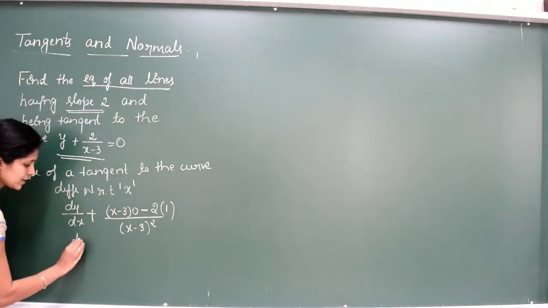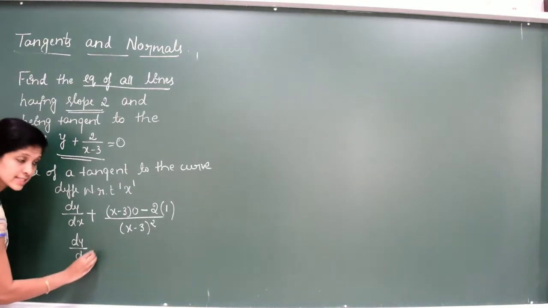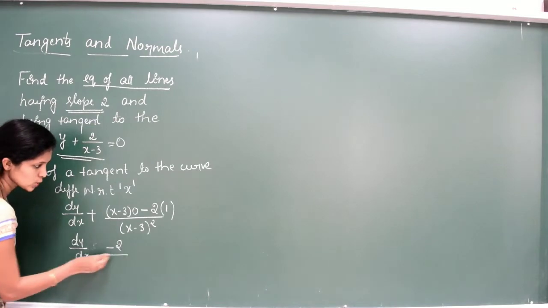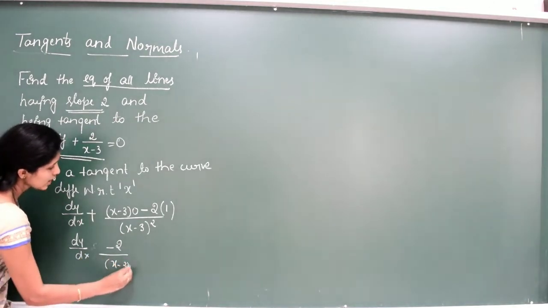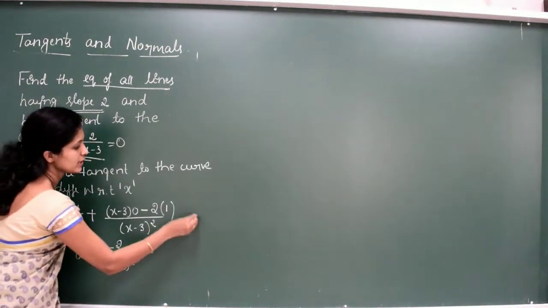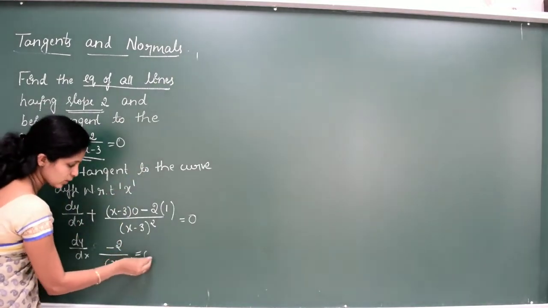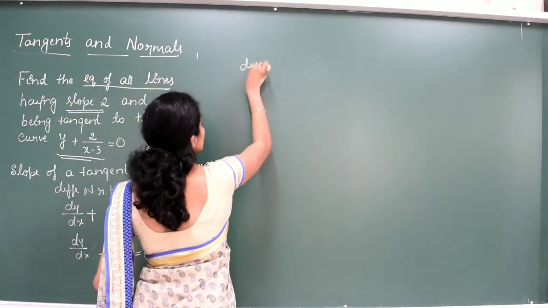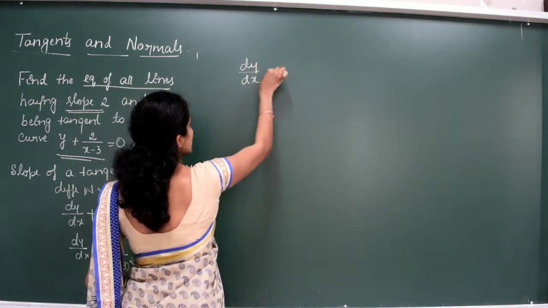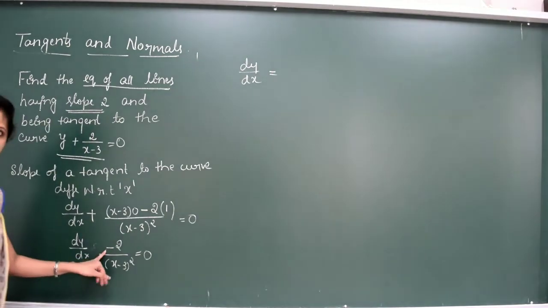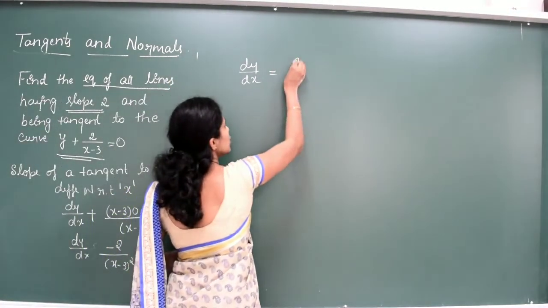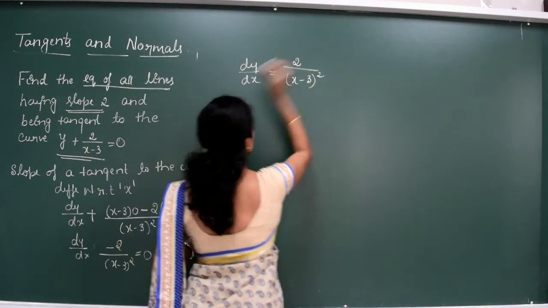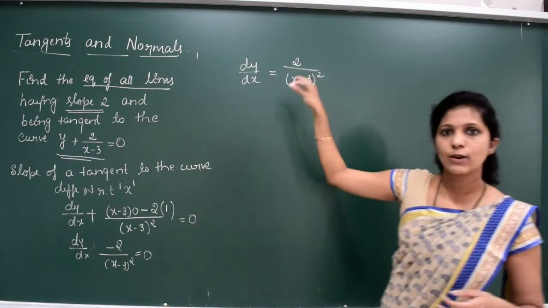So this is now dy by dx minus 2 divided by x minus 3 whole square is equal to derivative of 0, which obviously will be equal to 0 only. So now we got dy by dx, right? dy by dx is equal to, here minus 2 is there, when it goes to the other side it will be 2 divided by x minus 3 whole square. Is it clear? So we got the value of dy by dx.